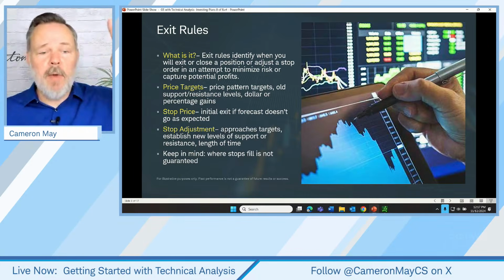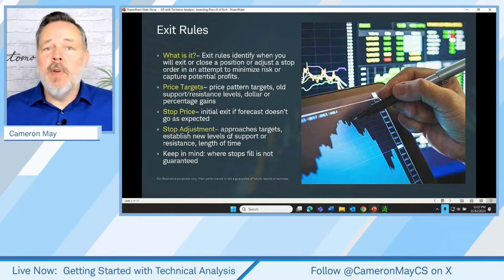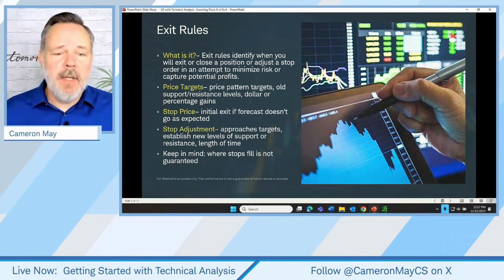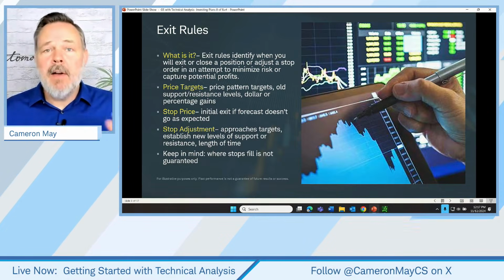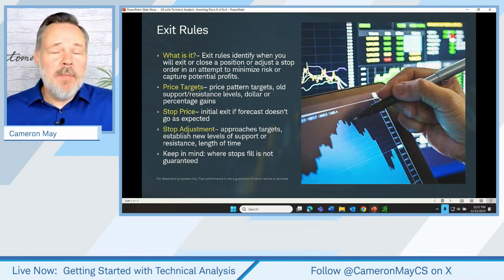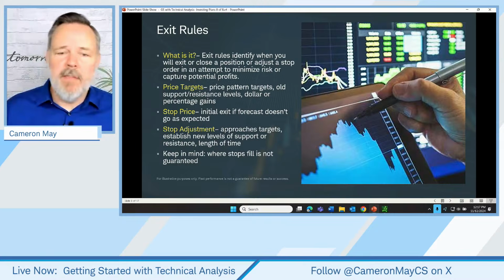It's on its way in the right direction, but they're made when the stock establishes new levels of support or resistance, or maybe it's a prescribed length of time after entry. But just keep in mind, no matter how we're placing our stops, initially or on adjustment, stops are not guaranteed to fill at a specific price. We just have to be aware of that.